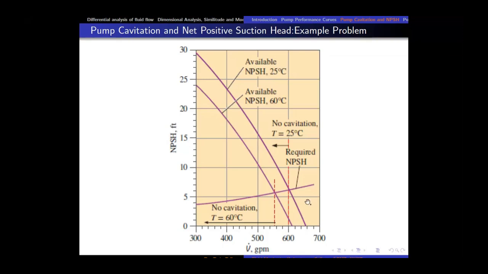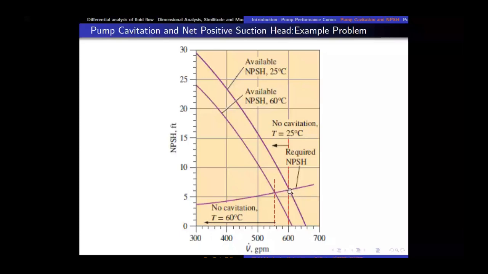So it means that if the water is available up to 25 degrees centigrade, the safe volume flow rate for this pump is 600 gallons per minute. If we increase the volume flow rate beyond that point, then there would be cavitation, because that is the cross intersection.